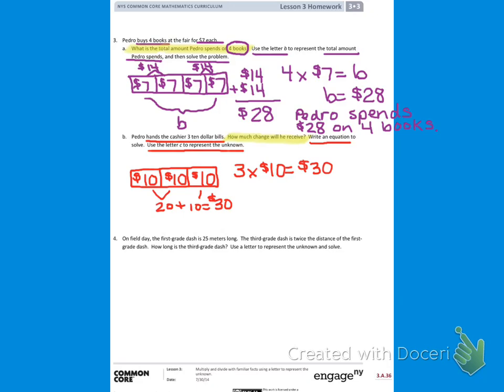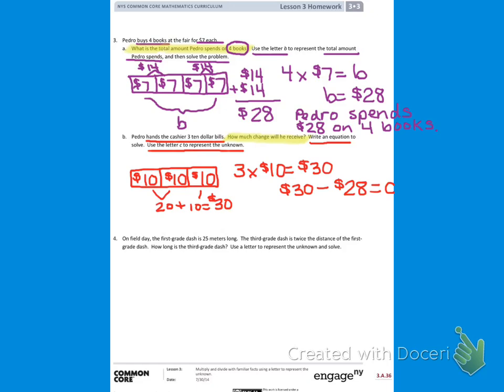Now I take the amount he handed the cashier, $30. I have to subtract the amount that the books cost, which is $28. And 30 minus 28 is C, because the directions say that we need to use the letter C to represent the unknown.